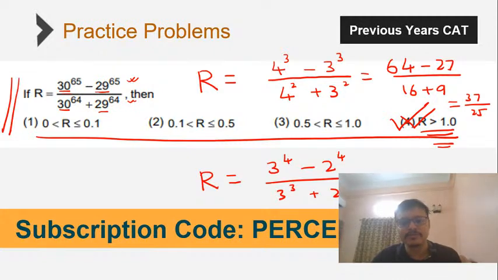So we keep this as 3 cube plus 2 squared. What is the answer? 81 minus 16 by 27 plus 8. That is 65 by 35, which is again greater than 1. So you could have simply marked the answer as R greater than 1.0.